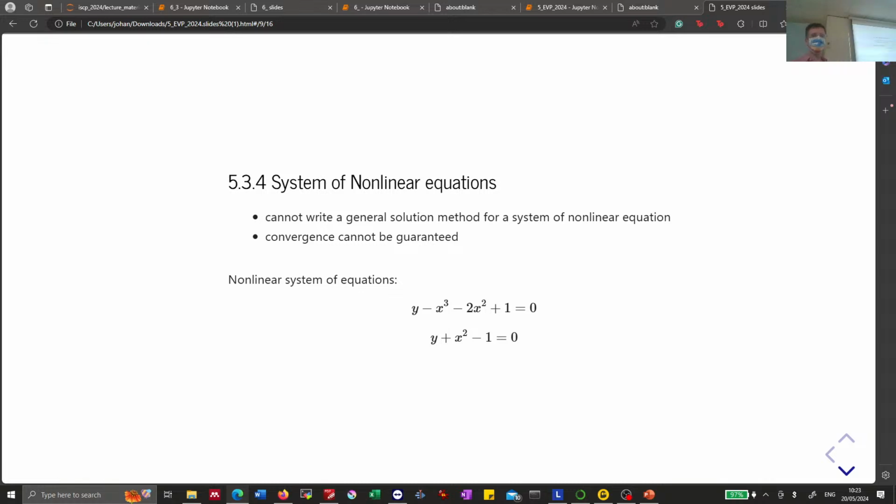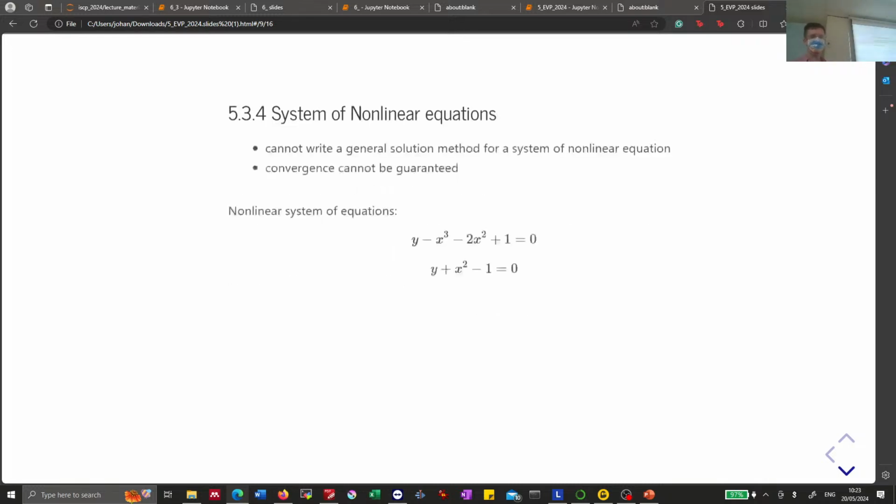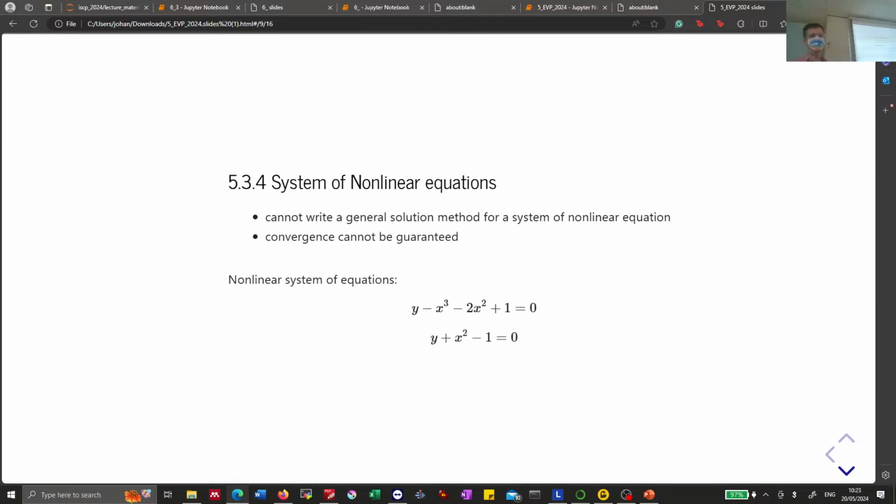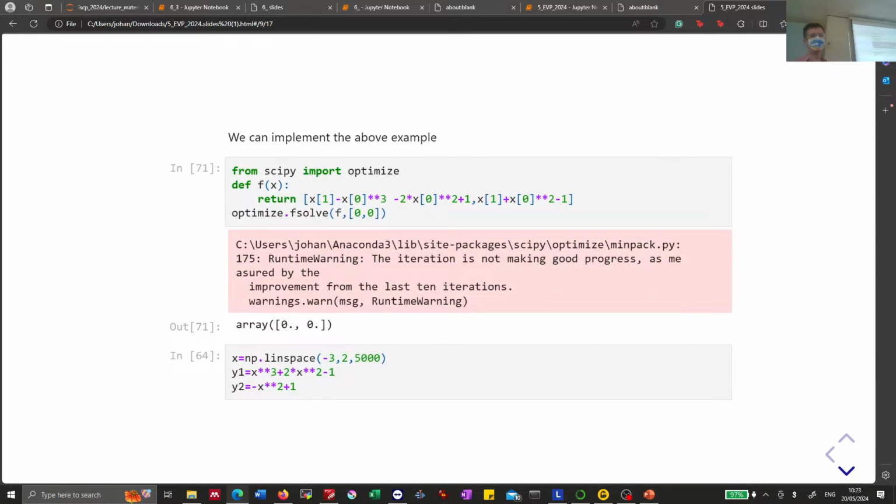Now, for systems of nonlinear equations, similar to our nonlinear equations themselves, we cannot write general solvers that guarantee to converge, that guarantee to get the correct solutions. Here's an example, also from SciPy optimize, where we basically have two different variables.